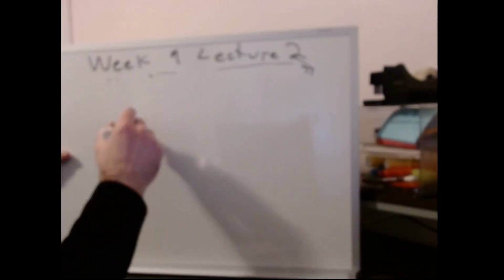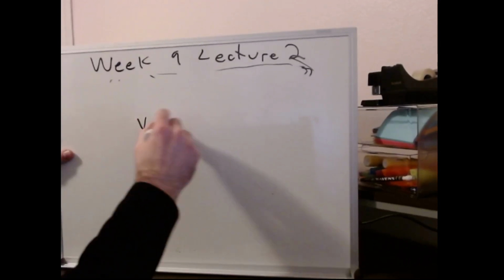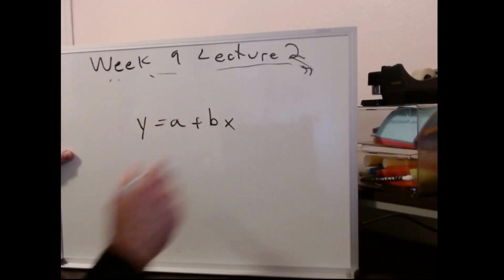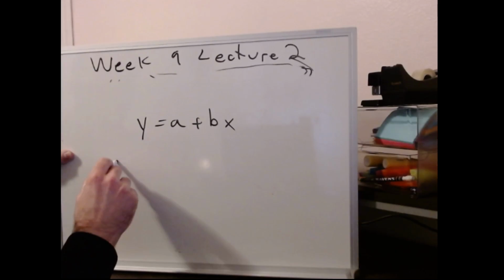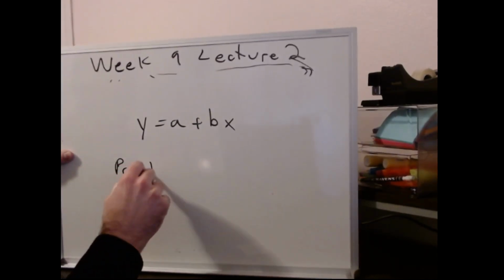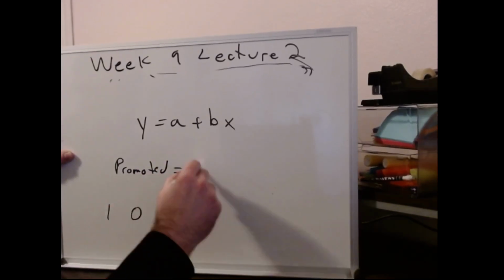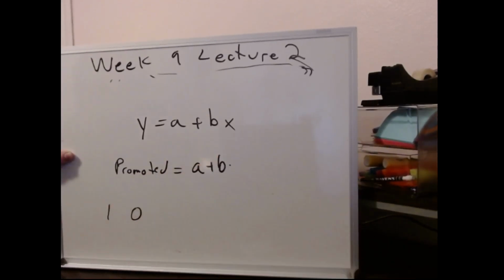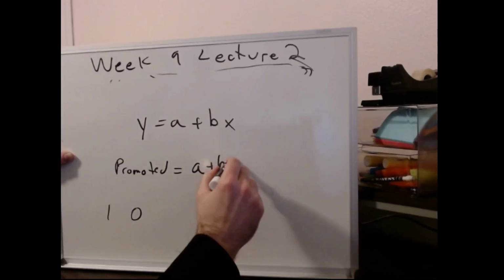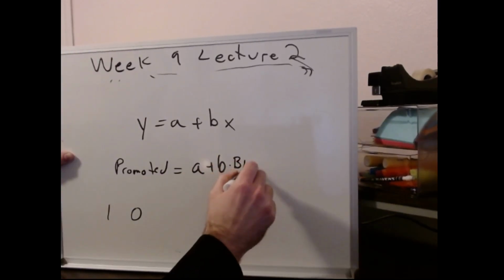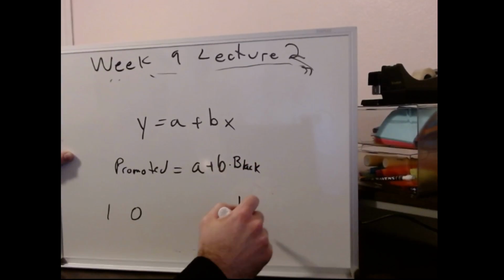So our y variable here, as in a typical linear regression, is: did they get promoted? Promoted is either a 1 or a 0. What they're interested in is whether the coach was black, which is a 1 or a 0 as well.